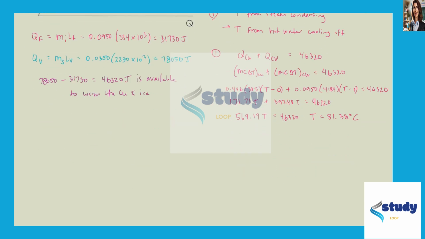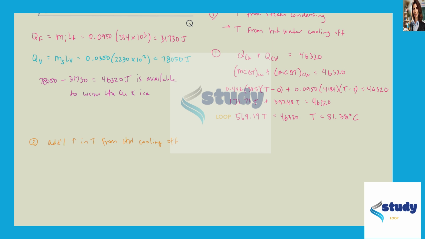Okay, well, now we still have this phase 2 where we're in orange right now. So phase 2 is going to be the additional increase in temperature from the hot water cooling off, right? So we've got this second piece of the question.